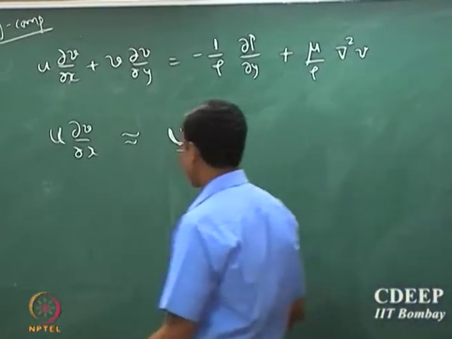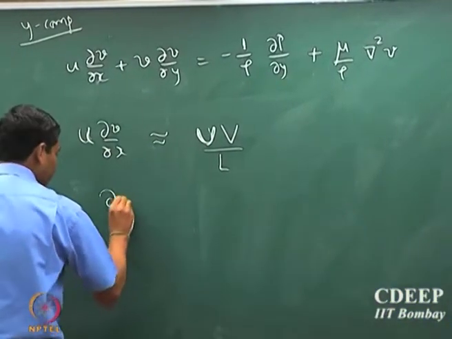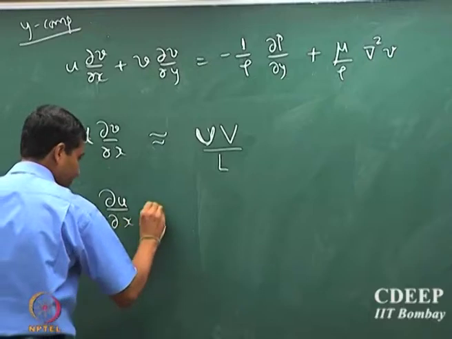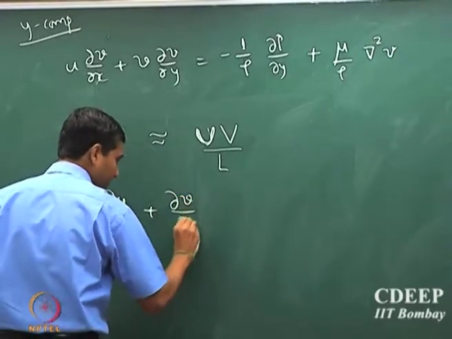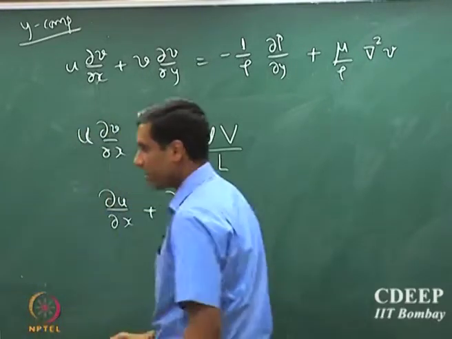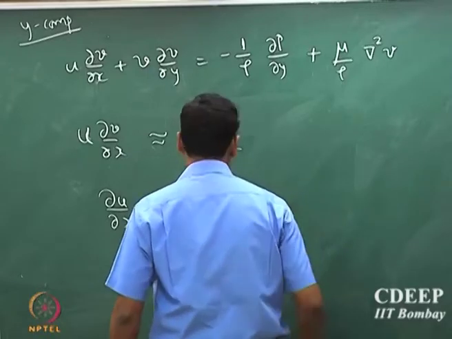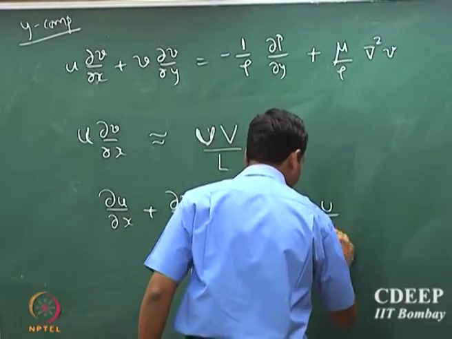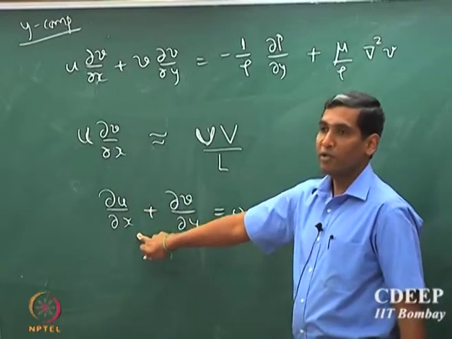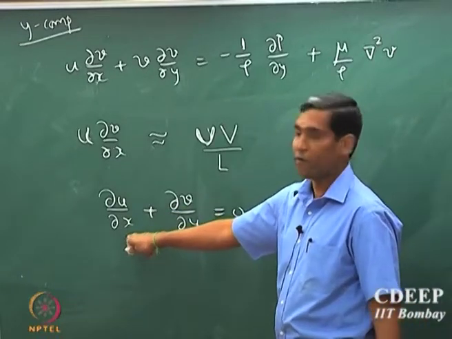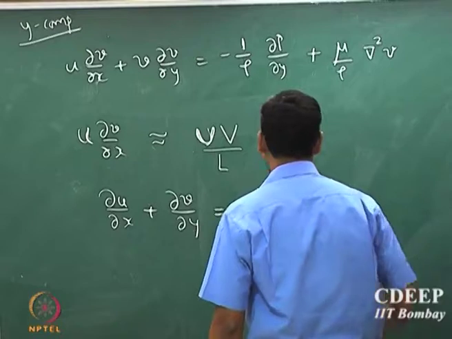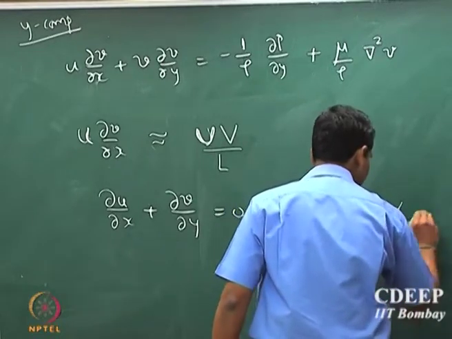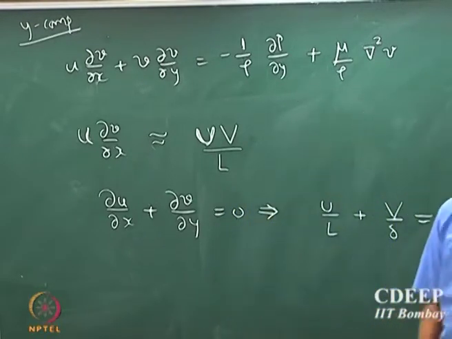We use the continuity equation. So from the continuity equation you will have du by dx plus dv by dy equal to 0. Okay. So from here you will see that U by L, where U is the order of magnitude for u and L is the order of magnitude for x, plus V by delta should be equal to 0, right.